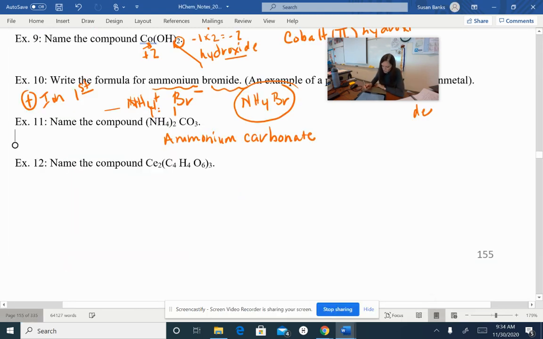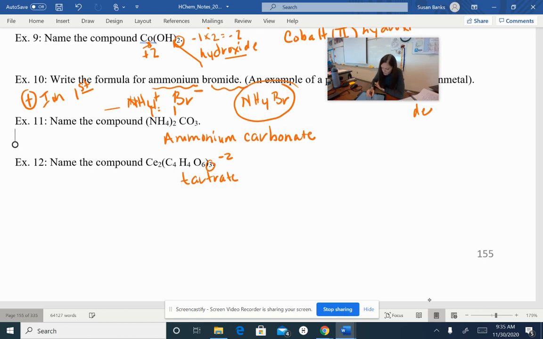So we're going to use tartrate. And it's a -2. We've got 3 of them. So -2 times 3 gives me a -6, right? That gives me a -6.